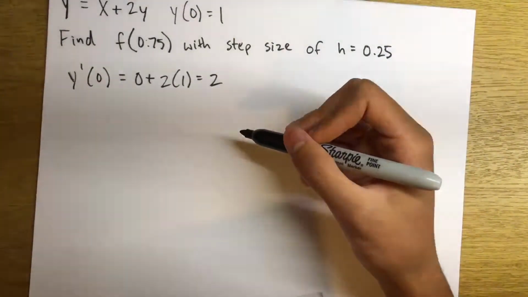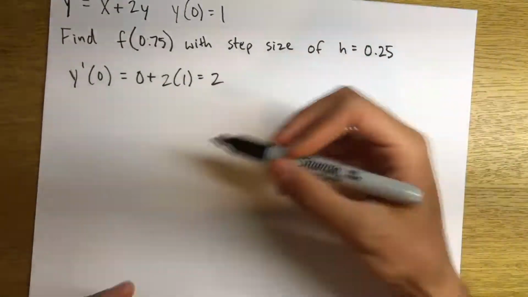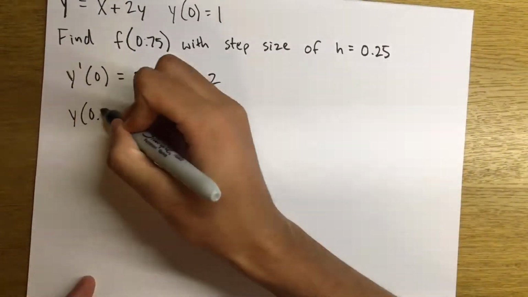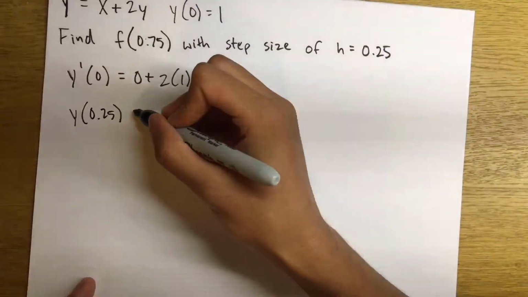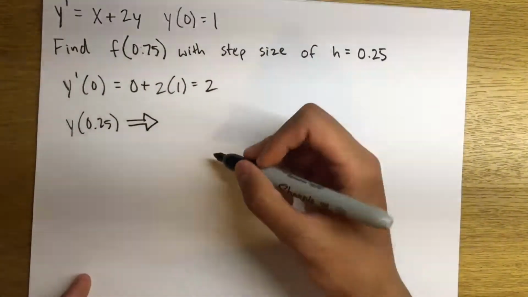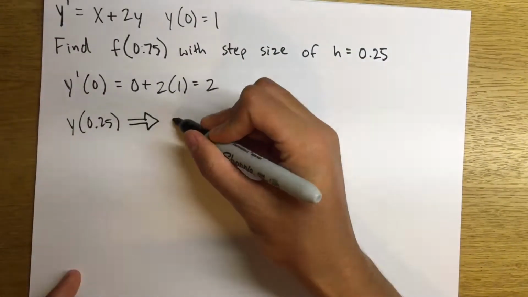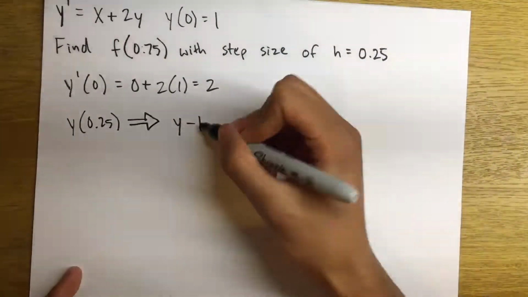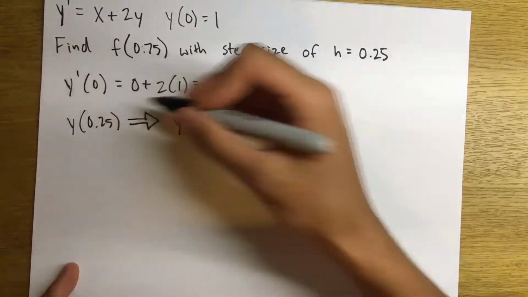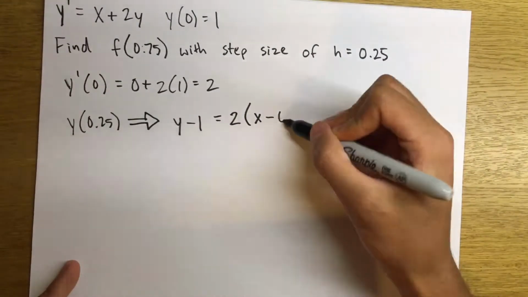So, if the next step's h equals 0.25, we have y of 0.25. So this will ultimately equal, if we put into point-slope form, y minus 1 equals 2, the slope from y prime of 0, times x minus 0.